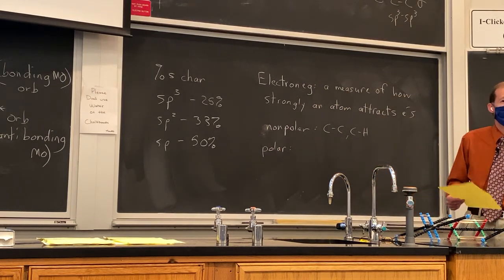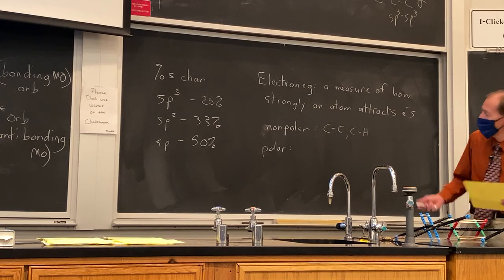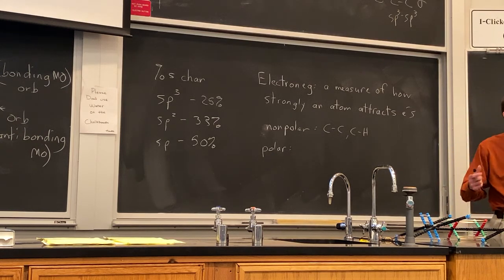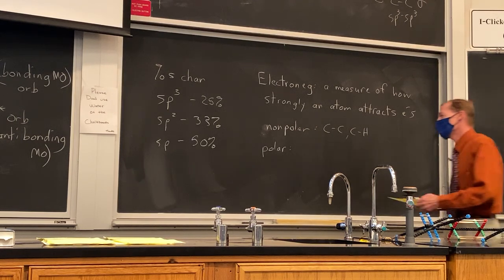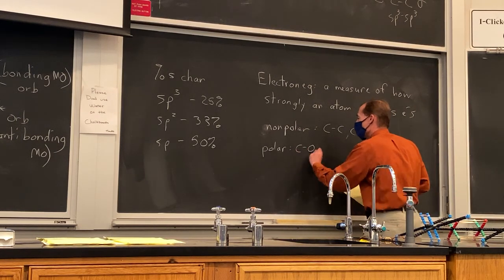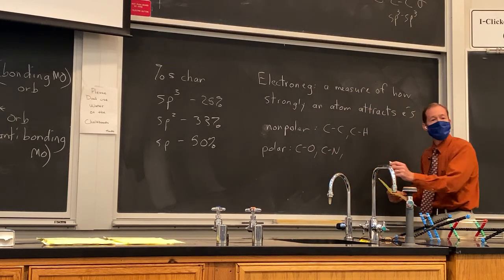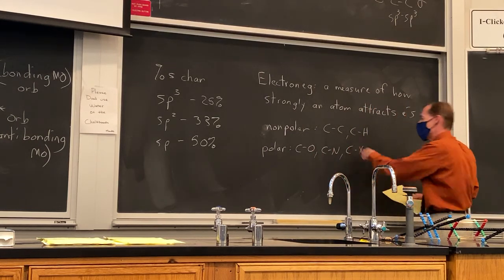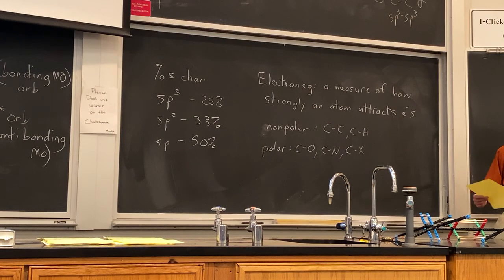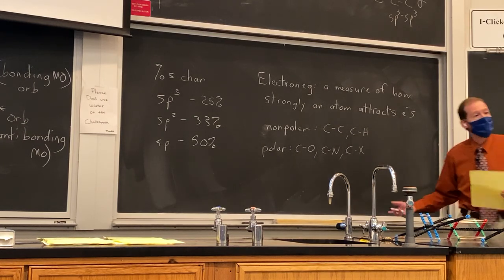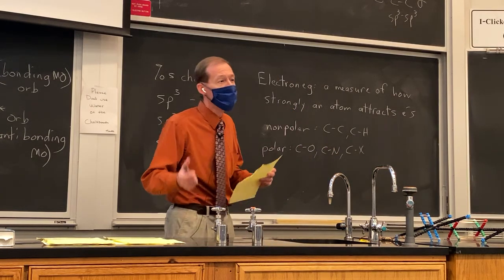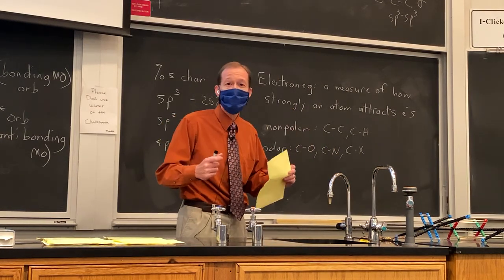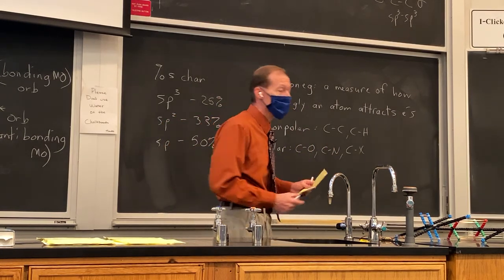Your book says 0.5. We're not really going to worry about numbers here. We're just going to recognize that in organic chemistry, these are our nonpolar bonds because carbon and hydrogen have very similar electronegativities. And all the rest, carbon-oxygen, carbon-nitrogen, CX means carbon-halogen, all these other types of bonds to carbon and other atoms than hydrogen or itself will be polar because of electronegativity differences between carbon and those atoms.